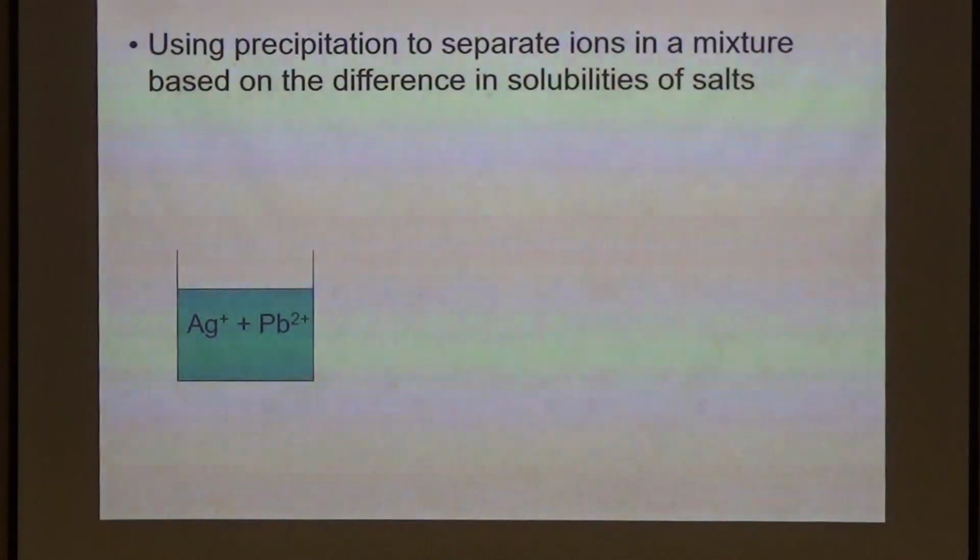Okay, let's do a little bit more. Now, in year 1, you would have learned about separation methods. You can actually make use of the different solubilities of substances to separate them out.